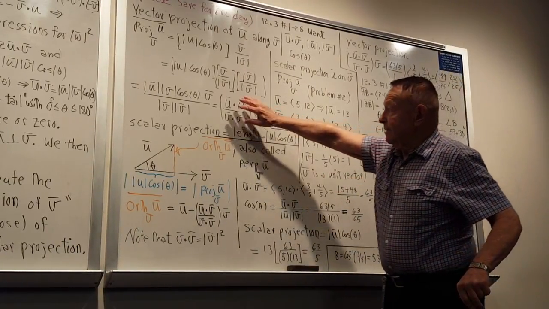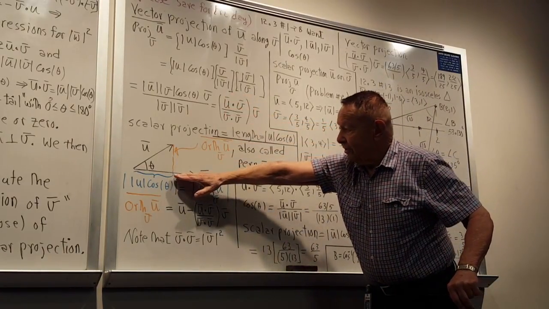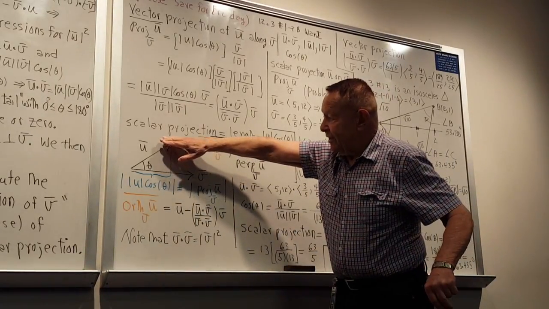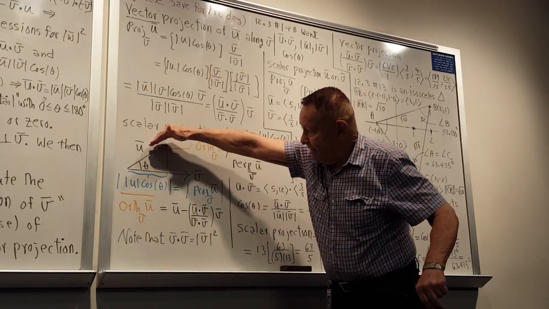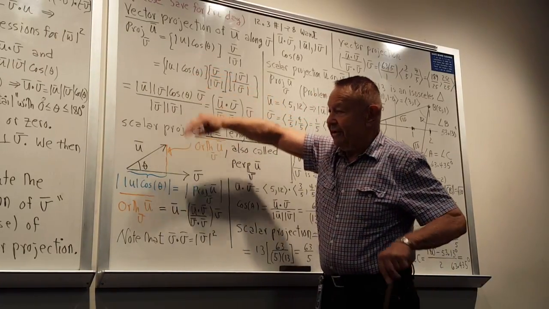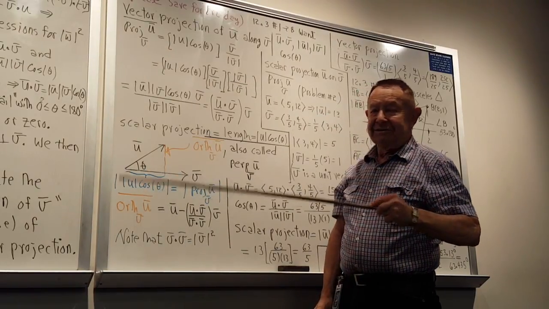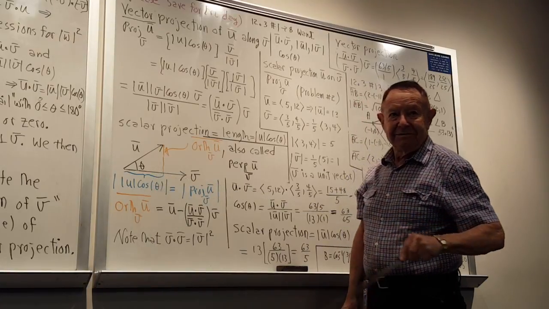So really then, this is just a scale factor along this direction, saying how long the shadow is of this vector, if you thought of it that your sun was right straight overhead, and so that this would be casting a shadow.